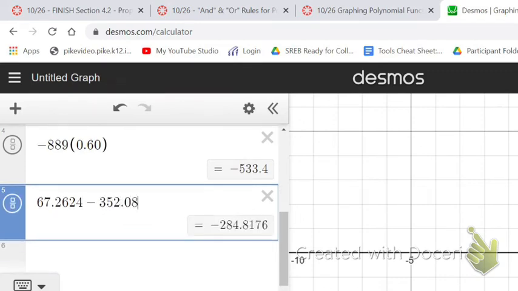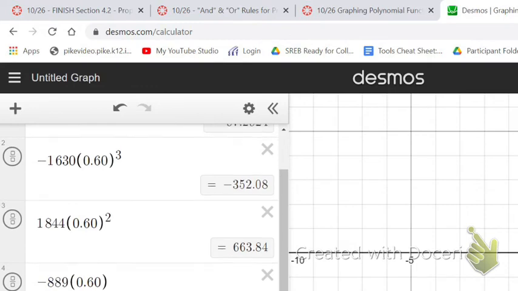Guys, practice this with me because you're going to do one on your own here in just a minute, all right? And then what? I've got this point. Do I add or subtract this one? Add, so plus 663.84.